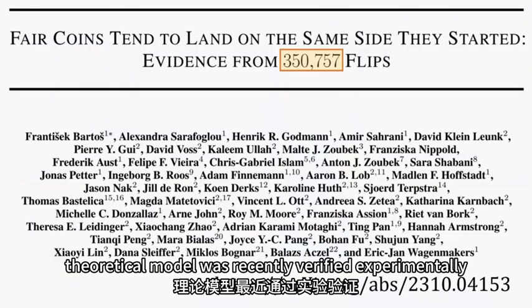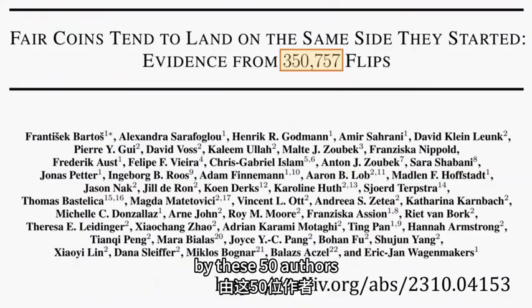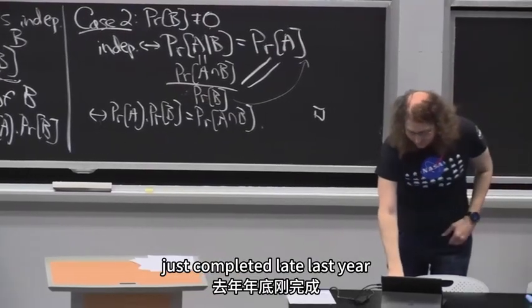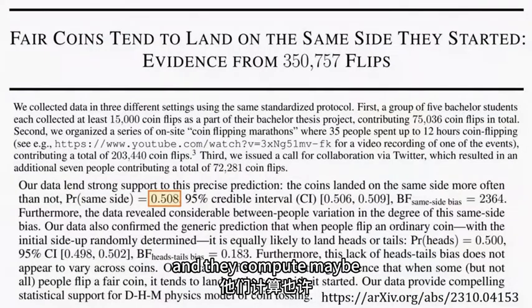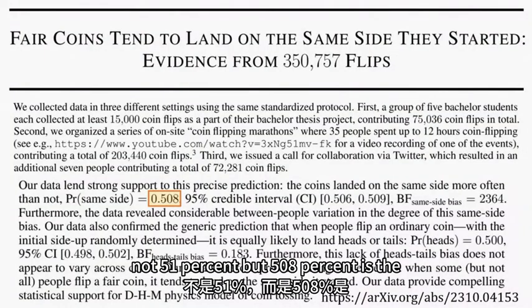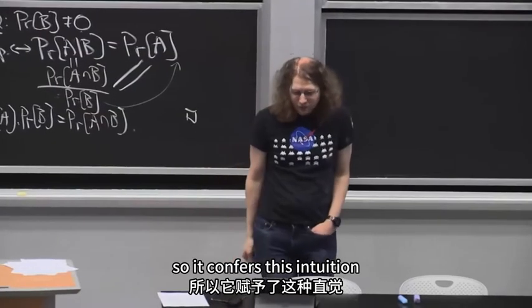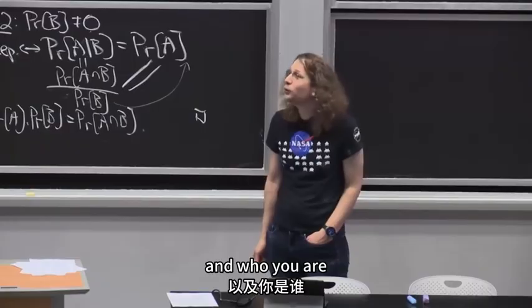This theoretical model was recently verified experimentally for 350,000 real coin flips by these 50 authors. This was an online internet collaboration just completed late last year. And they compute maybe not 51%, but 50.8% is what they get, or somewhere between 50.6 and 50.9. So it confirms this intuition, although it does depend somewhat on which currency you use and who you are.